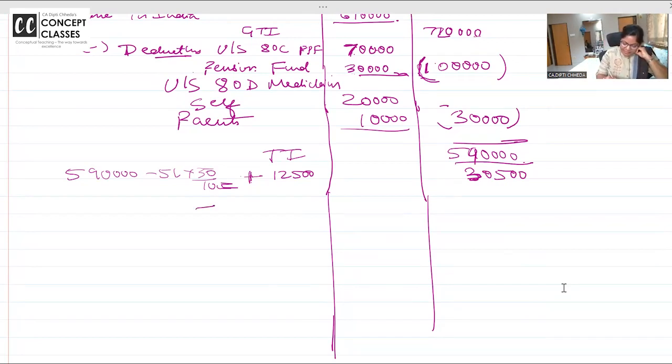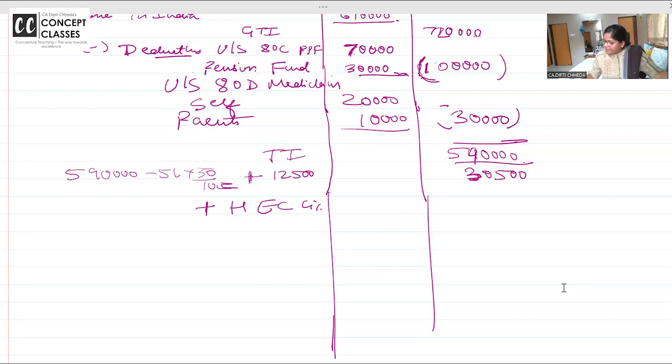And we have to pay the health and education cess of 4%. When you calculate the relief, you have to compare the average tax of India and outside. For average tax, you take tax plus surcharge plus cess all together.